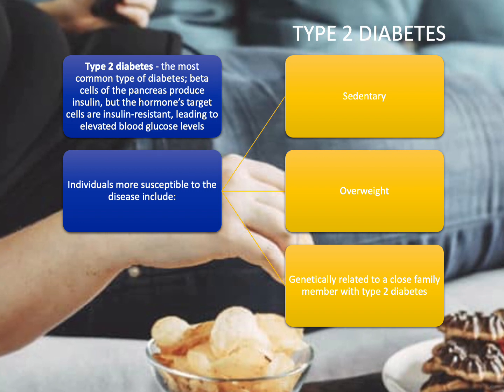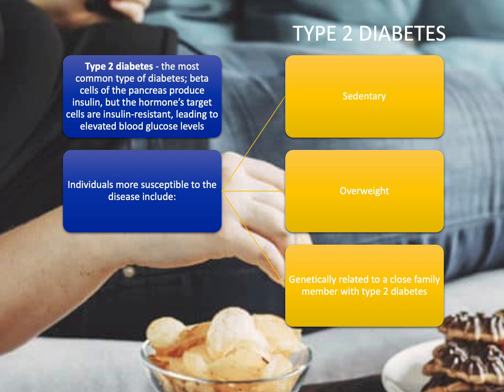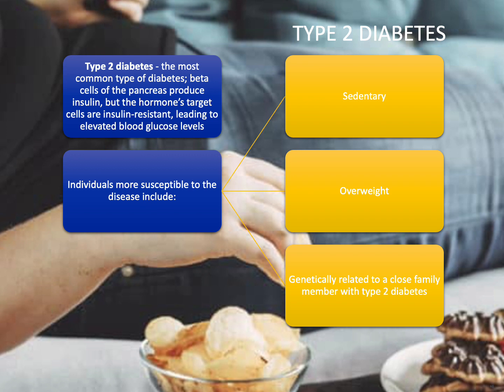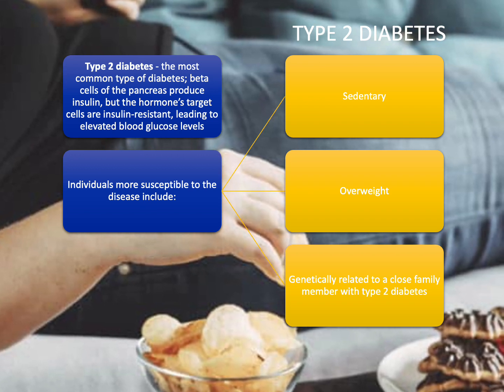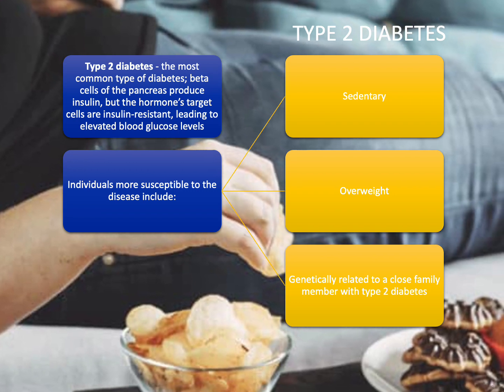And that's where the cells of the pancreas produce insulin, but the cells in our body become insulin resistant. So the insulin doesn't work as well on the cells of the body. And also, what happens with type 2 diabetes is over time, the pancreas kind of wears out and produces less insulin.